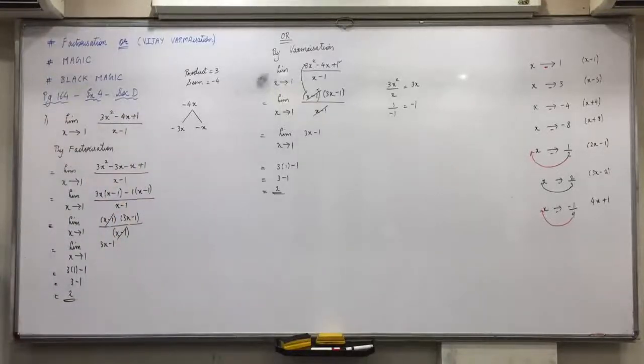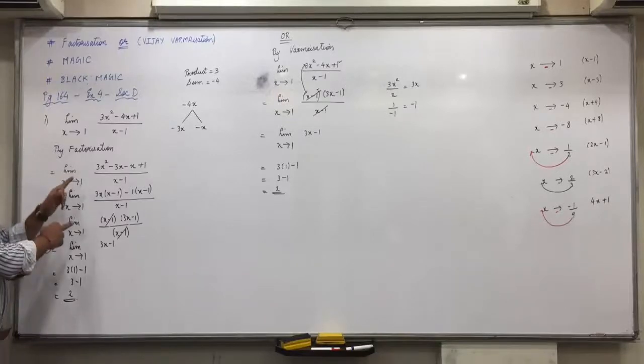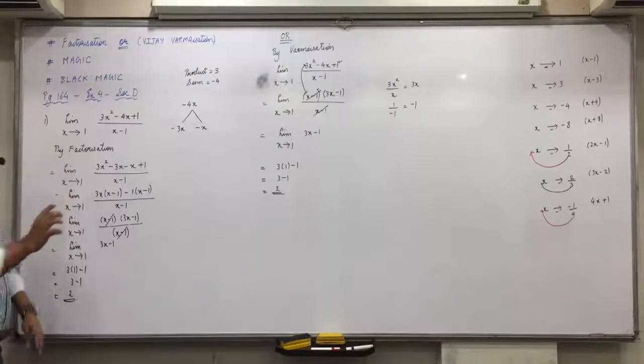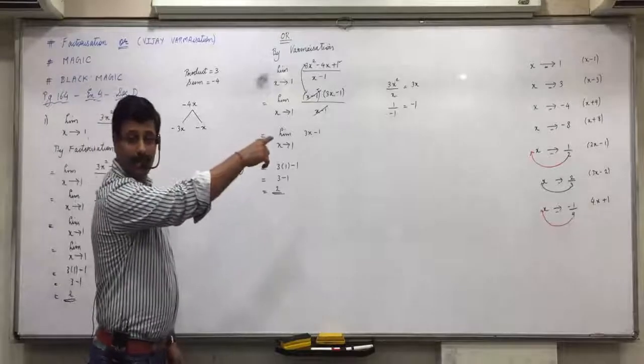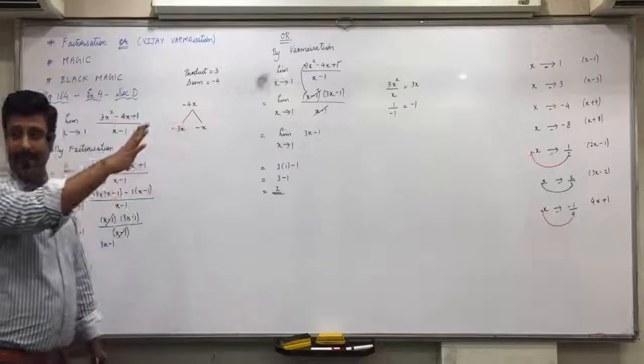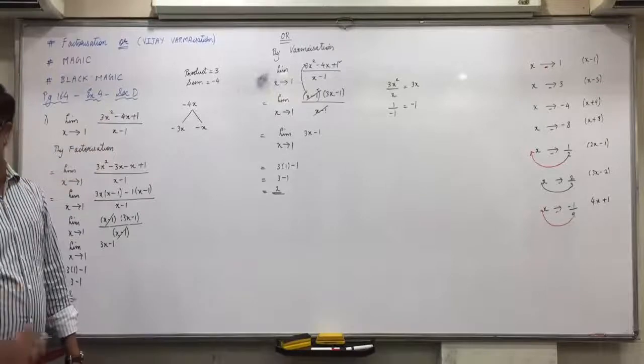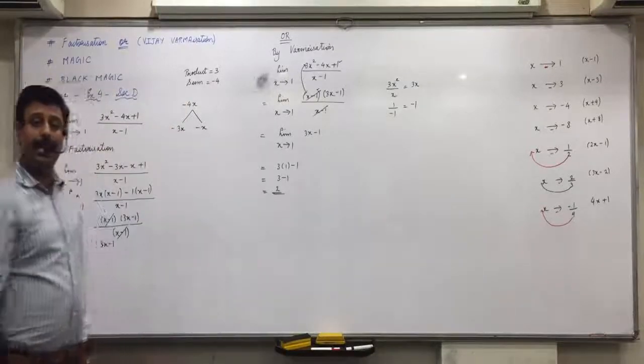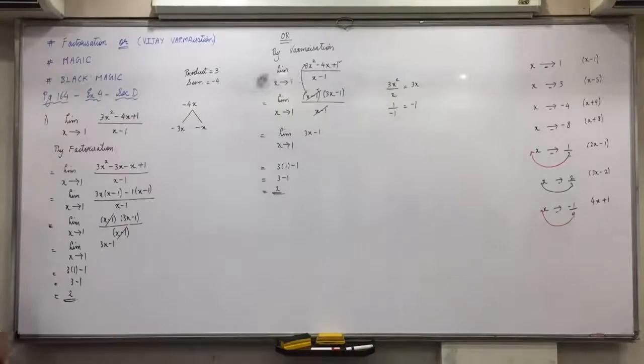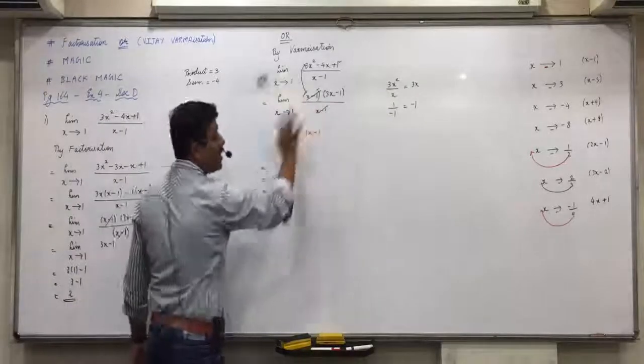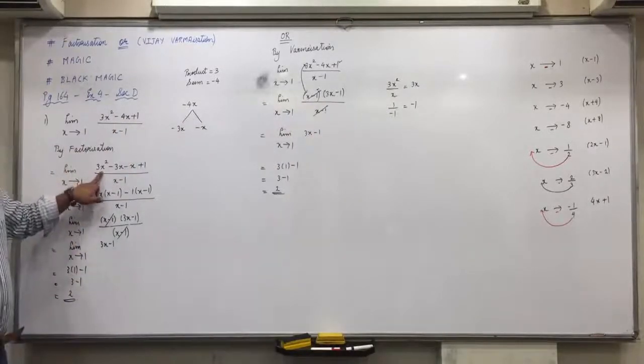Okay. And one more thing. In case in your school the teacher insists that they want the factorization method, means they want these 2 steps in between, then leave 2 lines and write this, and go reverse. Multiply and open the brackets. You'll get the 2 factors. What is x into 3x? 3x squared.